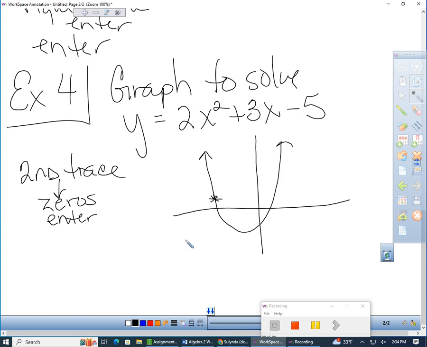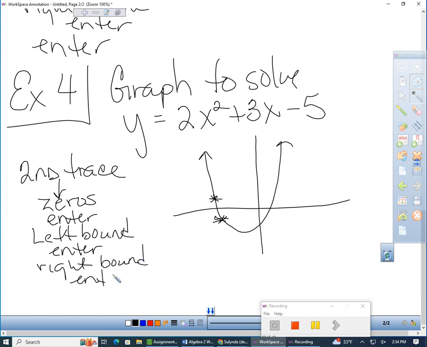You want to move your cursor to the left for that left bound. And you see left bound at the bottom. Good. Hit enter. Then you're going to move this cursor by pushing to the right. It goes below it. Enter. Gives you the little dashed lines, and then you hit enter one more time.